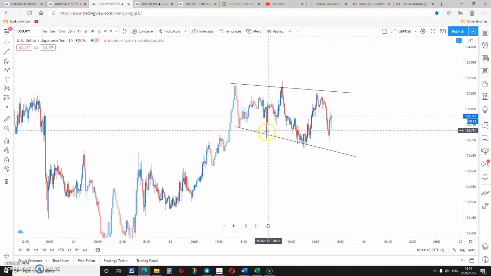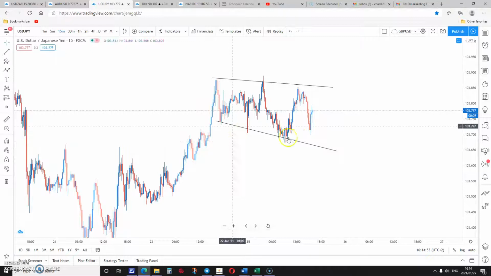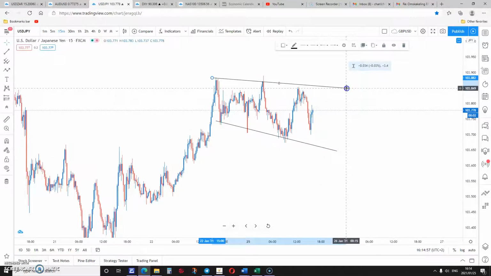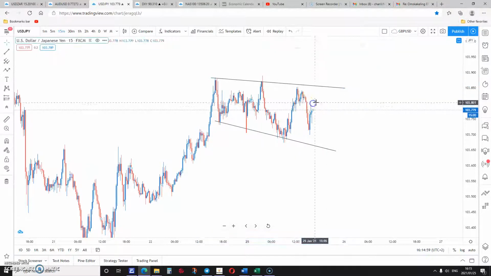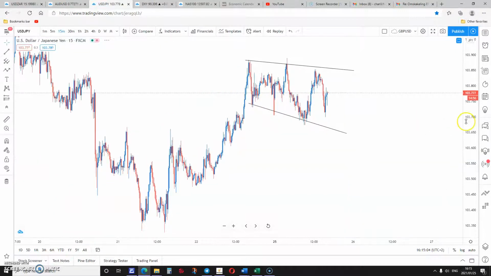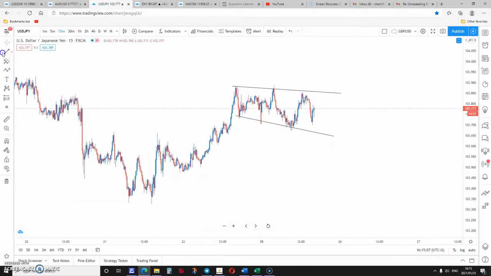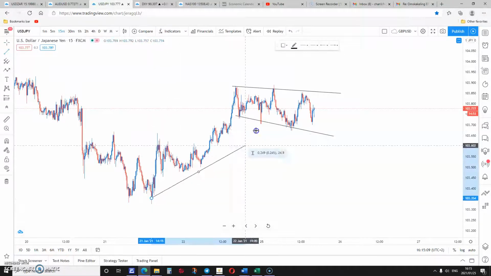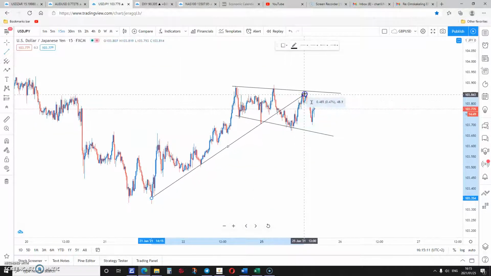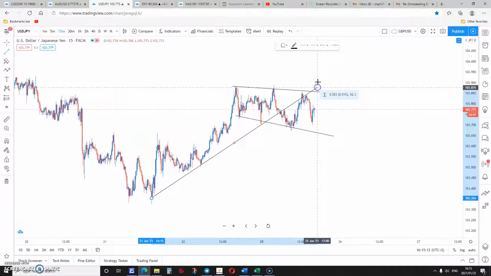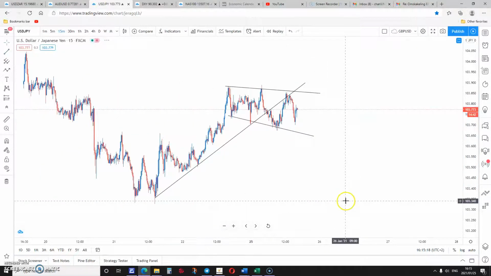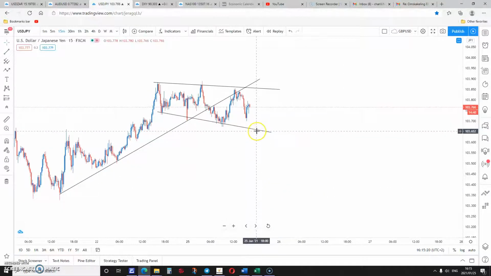This is irrelevant, that might have been used or something. So 1, 2, so we're potentially expecting rejection of this area, then it dropped towards this part here. So the trend lines that way. That way.